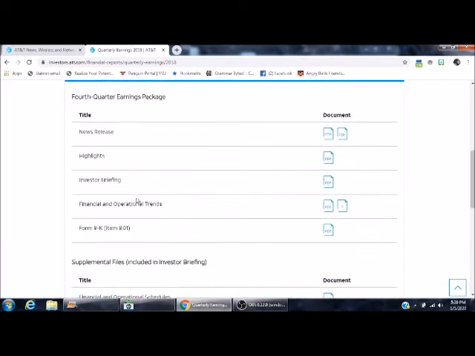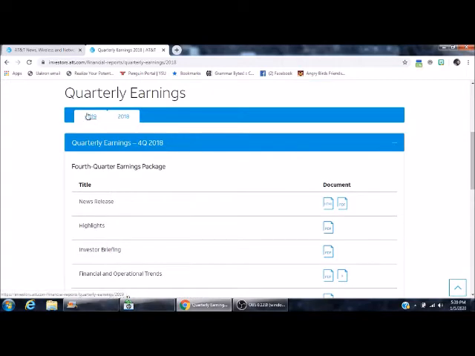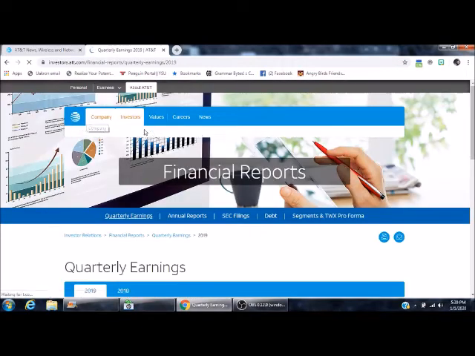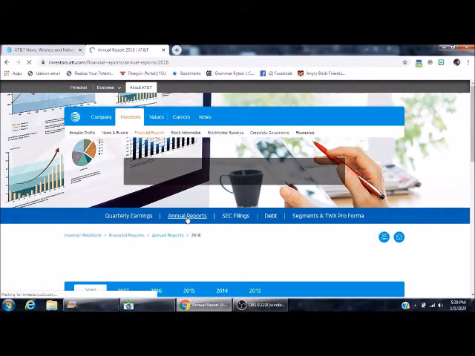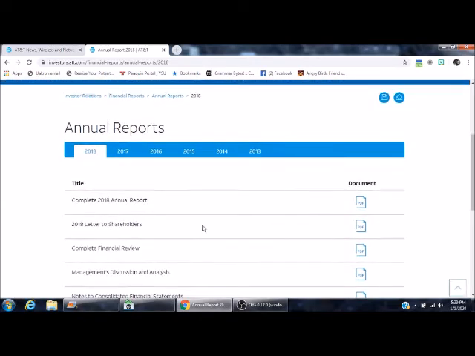And it looks like most of that is buried in the fourth quarter earnings package. Debt, SEC filings, annual reports, there we are. Complete 2018 annual report, the letter to shareholders, and so on. These are important documents that I would want to read and cite.